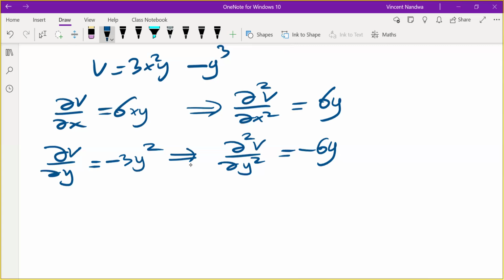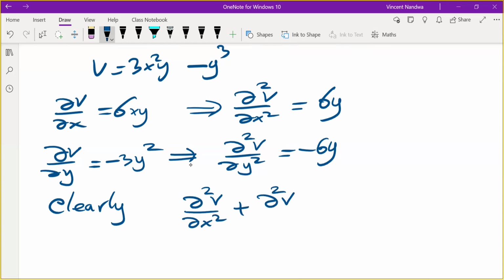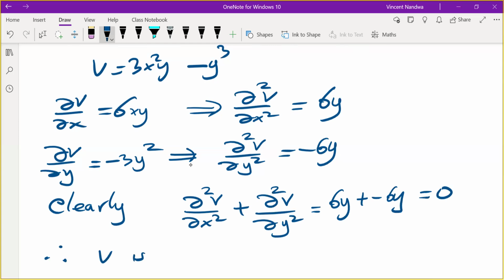So then clearly, partial squared v partial x squared plus partial squared v partial y squared is 6y plus or minus 6y, which is 0. So therefore, v is harmonic.